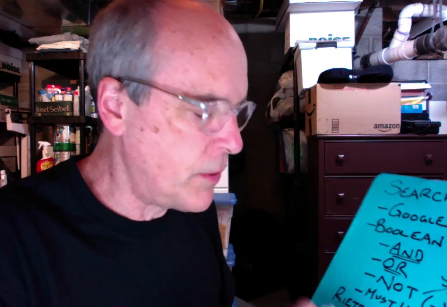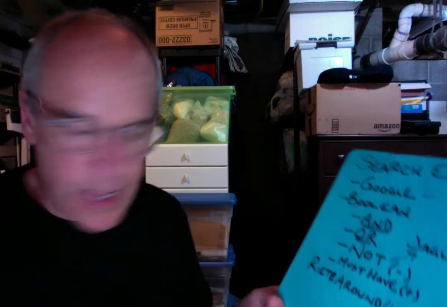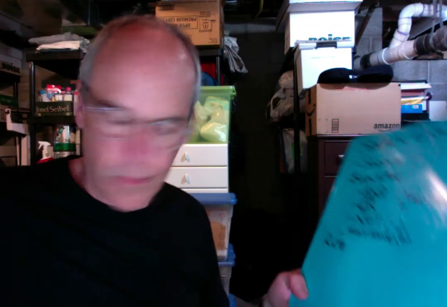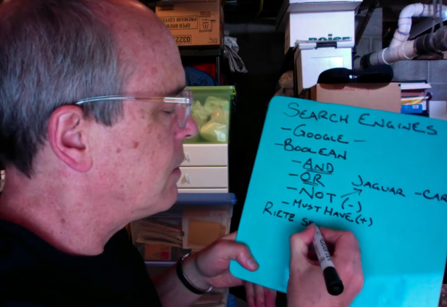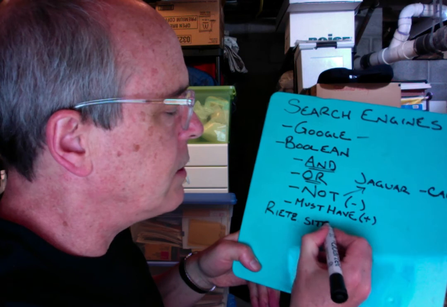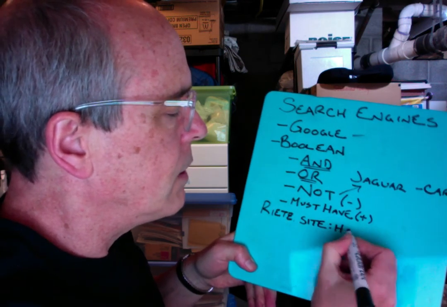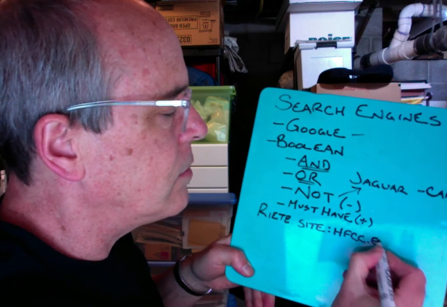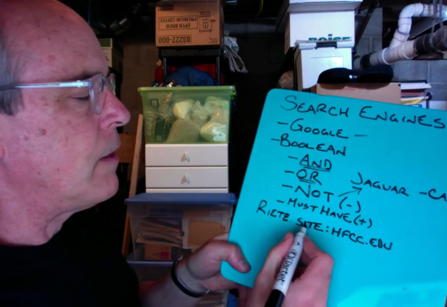You can do a search within a particular site. I just learned this today. If I did something like Reitz site colon hfcc.edu, it would search for the term Reitz.